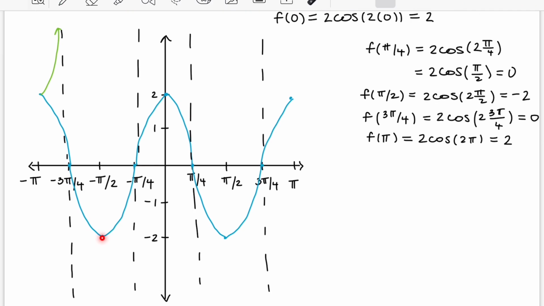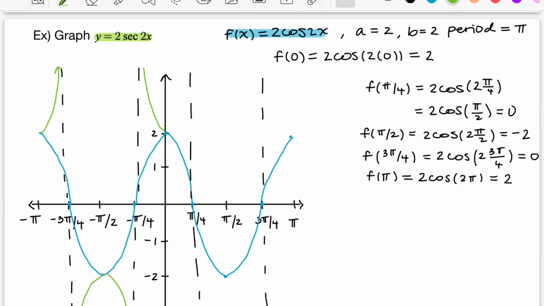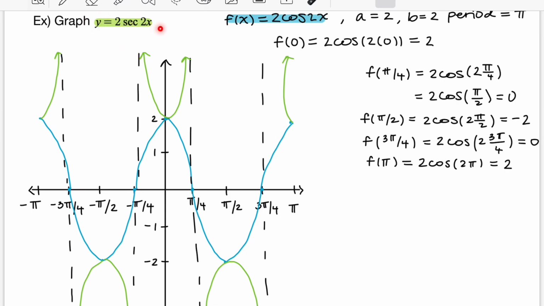At our next point here, our function is negative, so our branches are going to go in this direction here. Repeating this process, we get this, this, and this here. Alright, so this will be our graph in green of our secant function here.